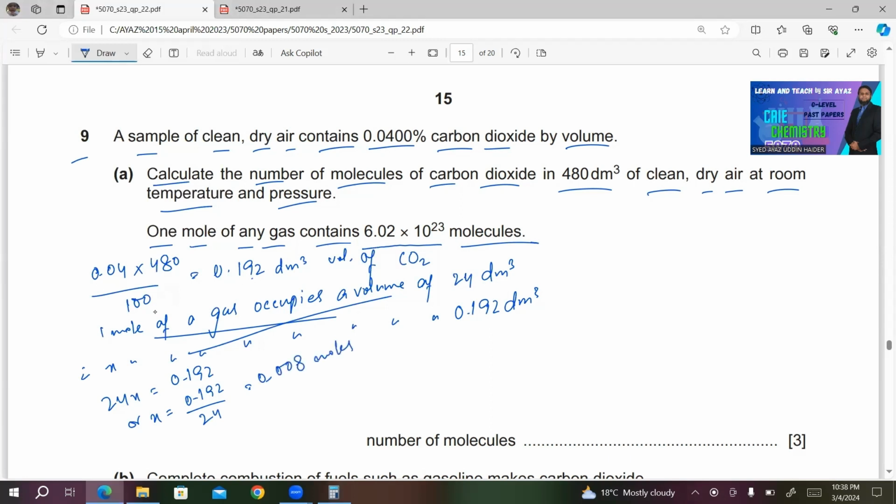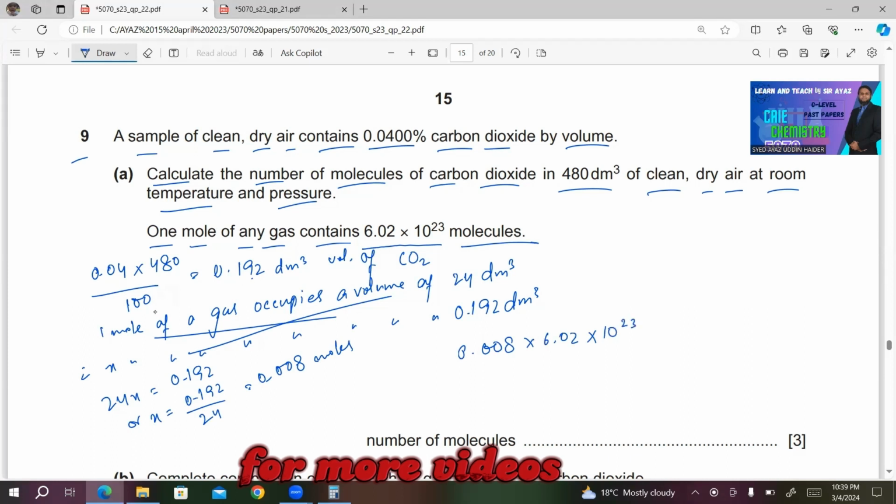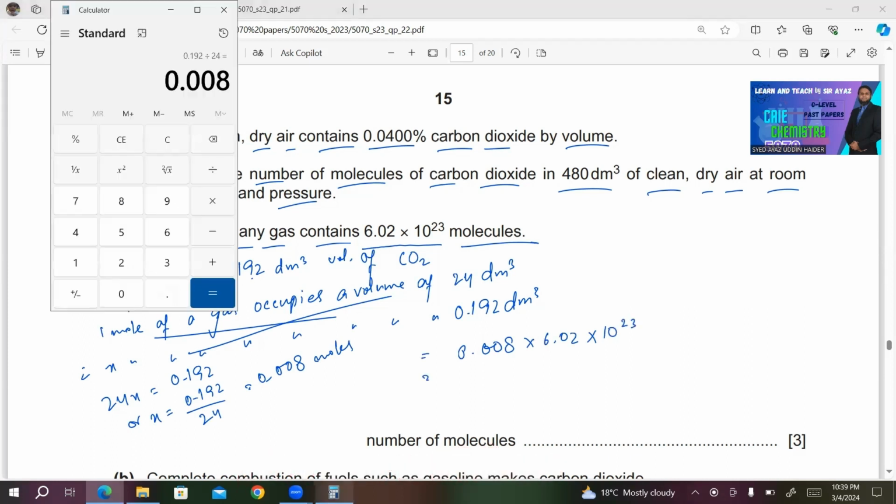So simply we need to multiply these moles with 6.02 × 10^23 in order to get the molecules of carbon dioxide. 0.008 times 6.02 × 10^23. What will we get?